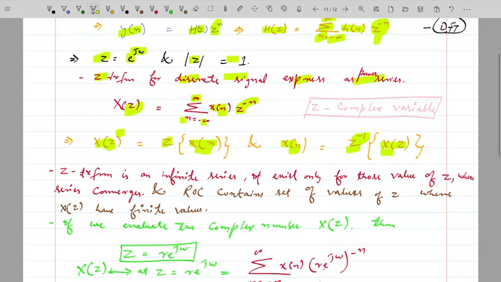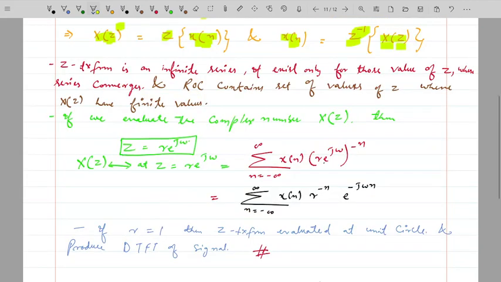The Z transform is basically an infinite series, so it exists only for those values of z where the series converges. It also has a region of convergence, which we will discuss in later videos.